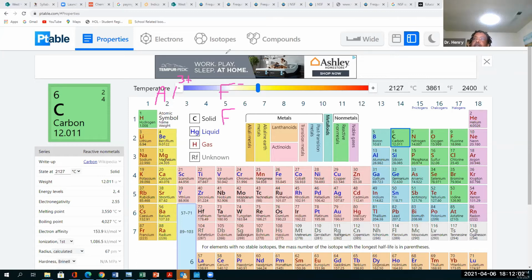Can somebody remind me, why is fluorine a -1? Because it's further to the right on the table, so it needs to gain one electron to be like neon.